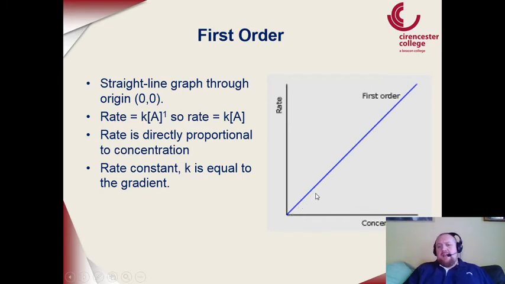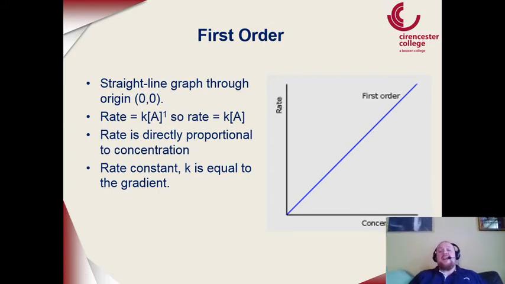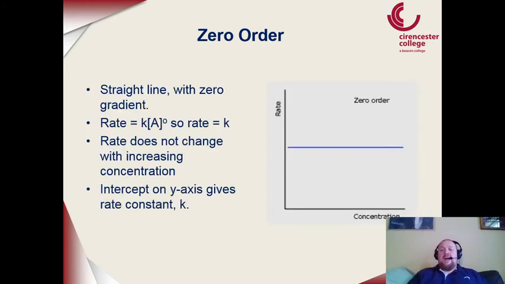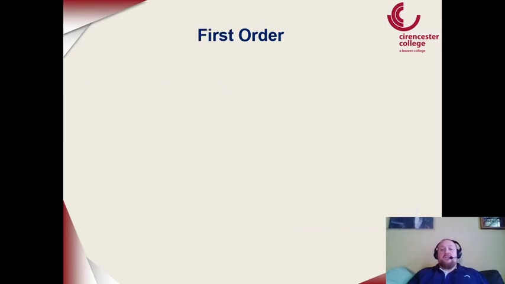As we move up in concentration, the rate changes in a first order way. It is linear, a long straight line going through the origin. Remember, this is not like the zero order, because the zero order graph was a straight line that did not go through the origin.